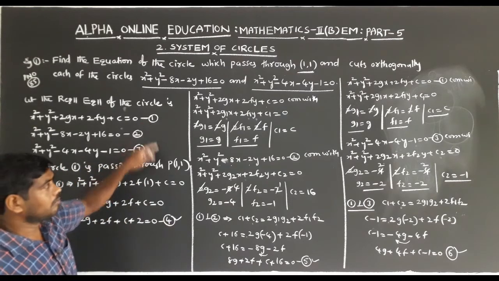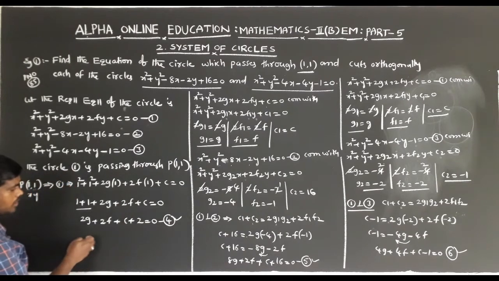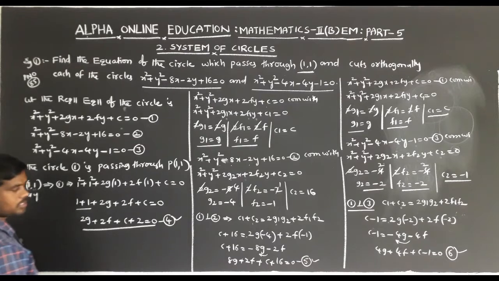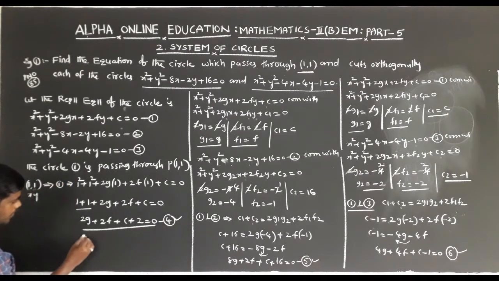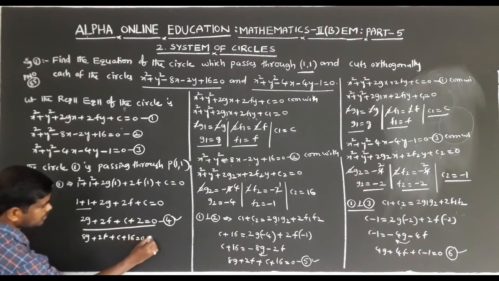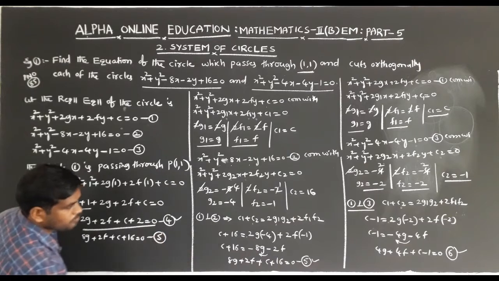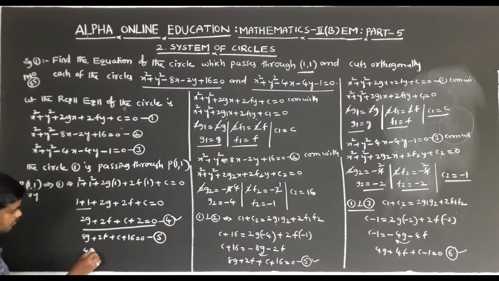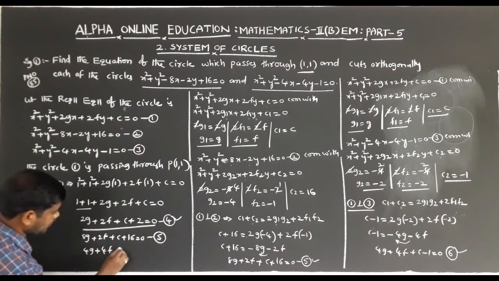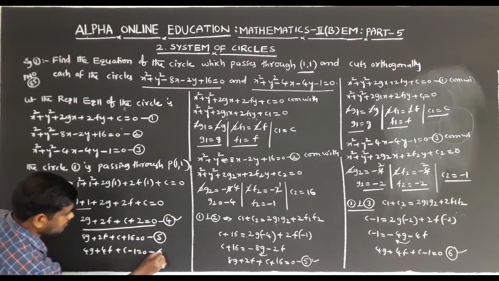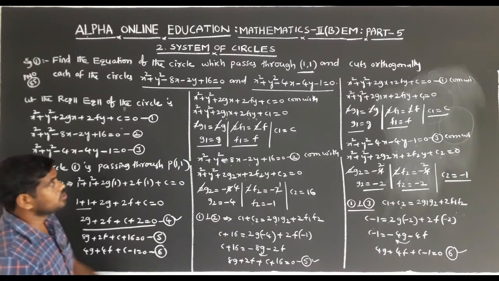Fourth condition: 2g plus 2f plus c plus 2 is equal to 0. Fifth condition: 8g plus 2f plus c plus 16 is equal to 0. Sixth condition: 4g plus 4f plus c minus 1 is equal to 0.